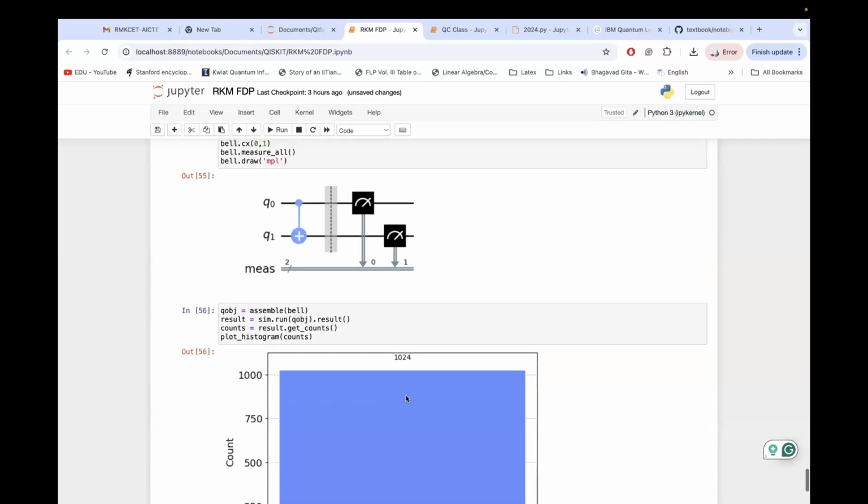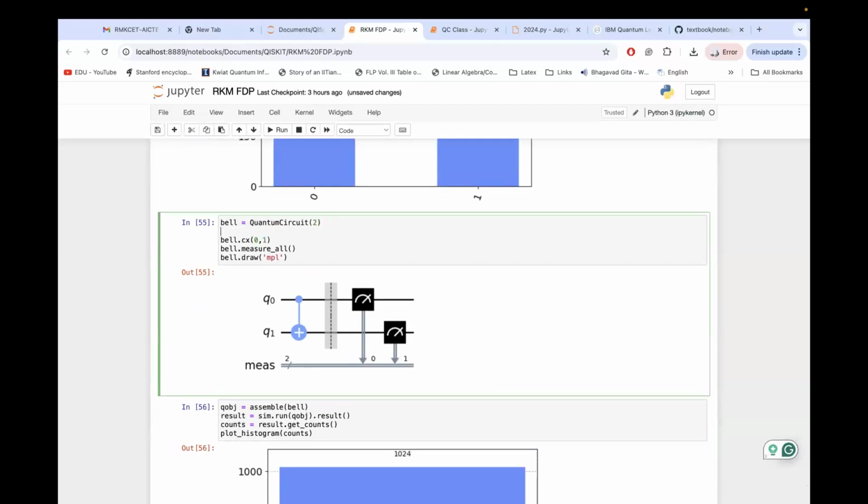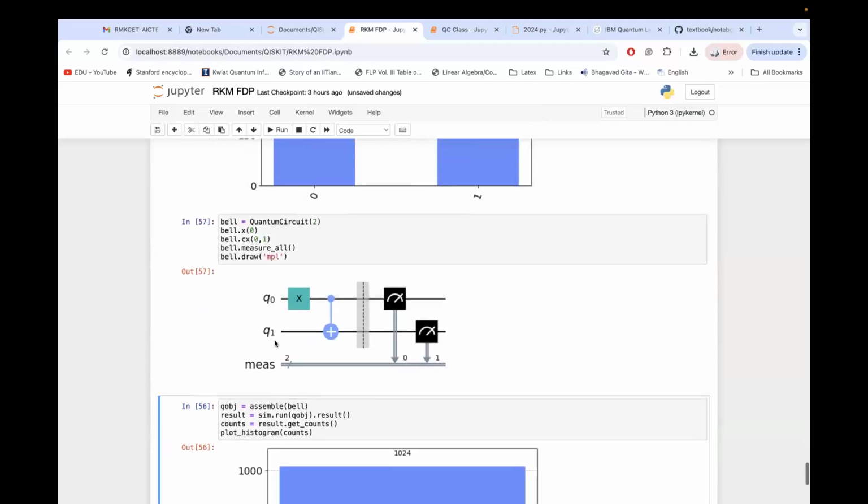Nothing happens to this. But when I have my first qubit in the one state, that means I'm applying bell dot x of 0. That means you have 2 qubits, both of them initialized in the 0 state. Now I am applying an x operator to the first qubit. After this x operator, the first qubit is going to become one state.